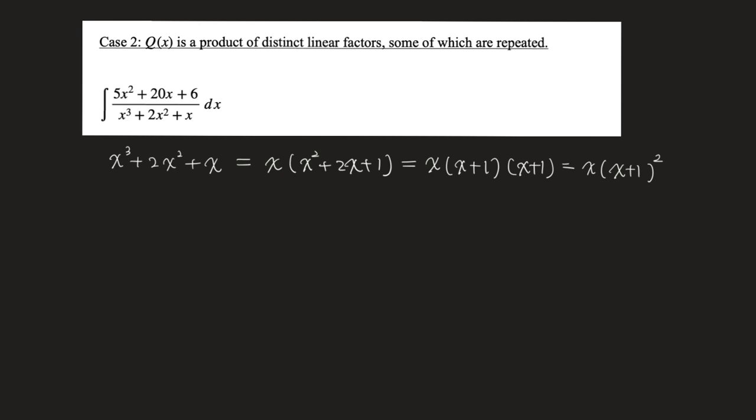In the previous example each factor was a degree 1 polynomial, but this one is a little different, guys. The factor is degree 1, but its multiplicity is 2. In this case, you're going to have a different partial fraction decomposition. So first you write x, because it is degree 1, and you put A over x. Plus, second, you don't just write down the whole (x + 1) squared.